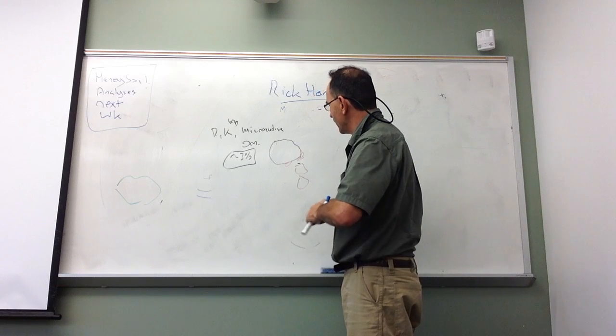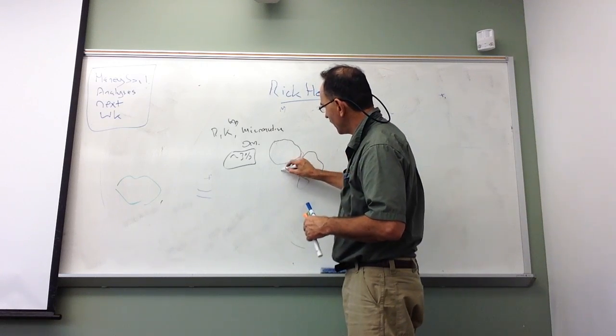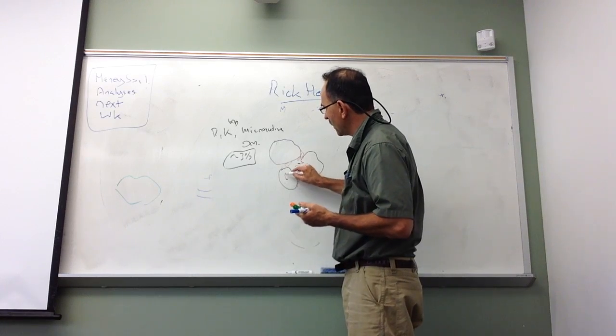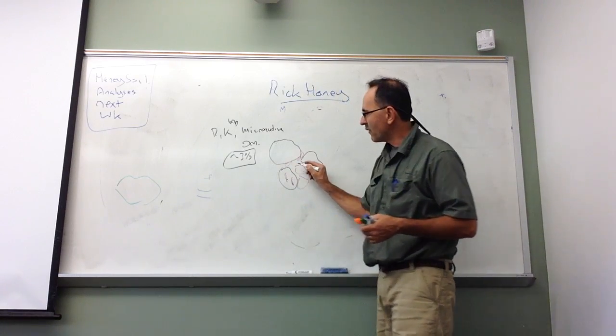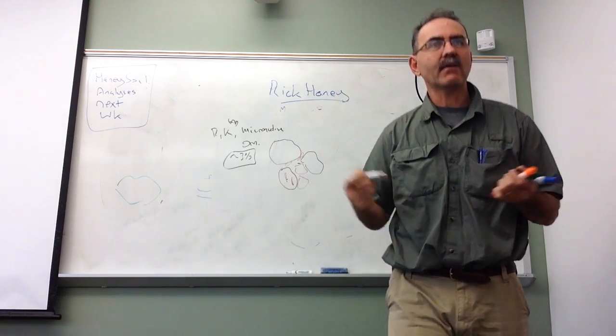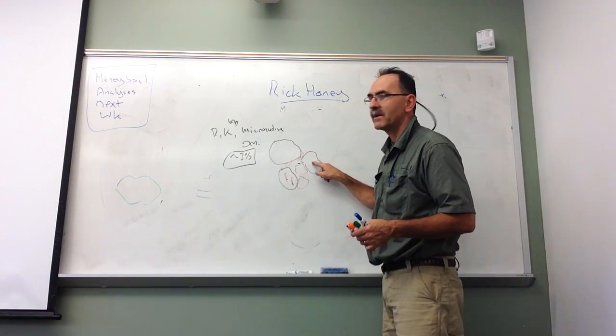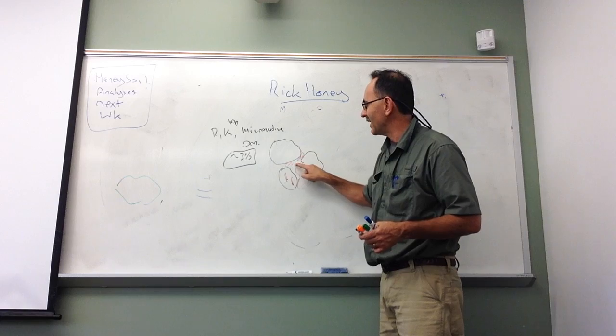So you've got mineral particles and particles of organic matter. If you're thinking like a microbe, from a microbe's perspective, that's your house. The minerals and the organic matter, that's your house.